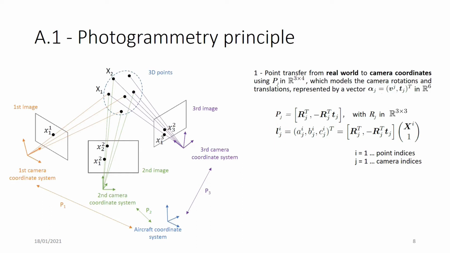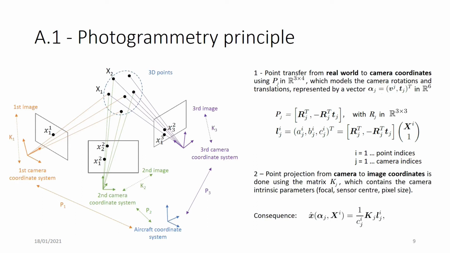Then we will project those points onto the 2D images using a new matrix Kj that represents the camera intrinsic parameters, so the focal, the sensor center, or the pixel size. This camera matrix K is known from the calibration process before flight.